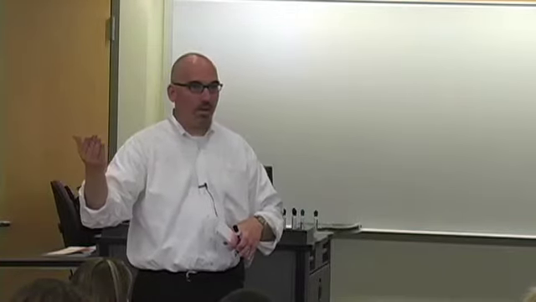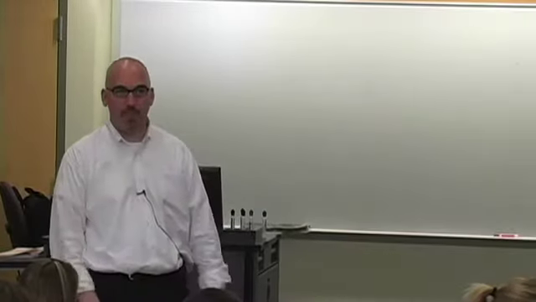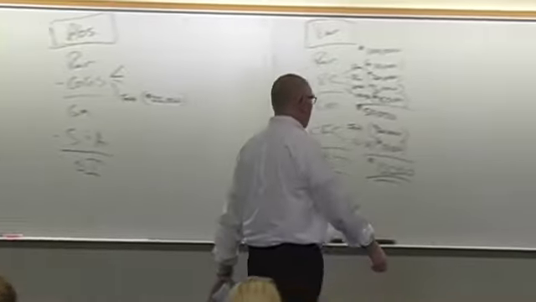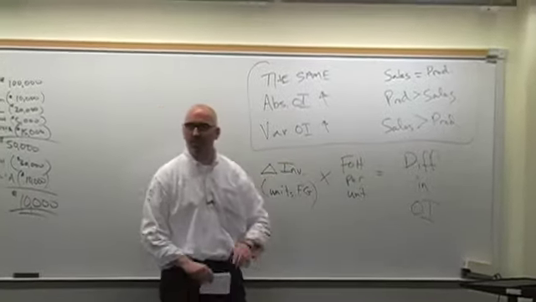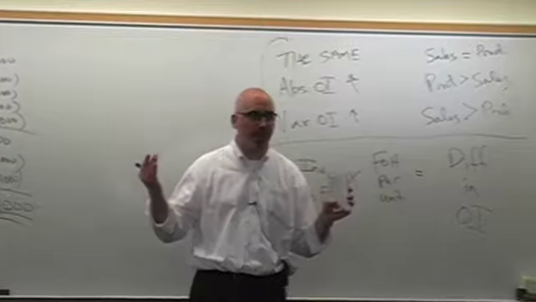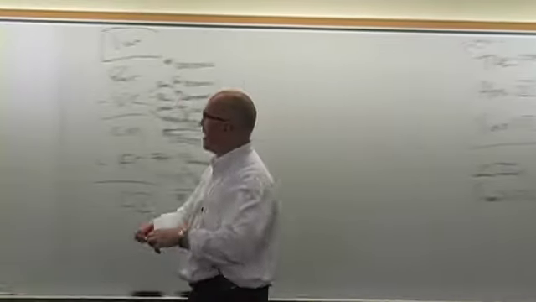So are the direct materials and direct labor the same? Yes, every other number on the board is going to be the same. Because what is the difference in operating income attributable to? It's only attributable to fixed overhead, and the difference in how fixed overhead is treated. So every other number is the same.